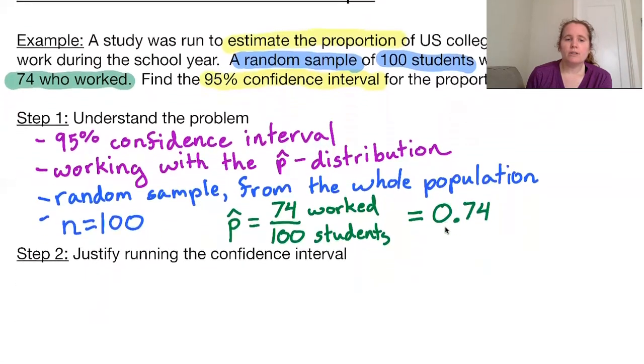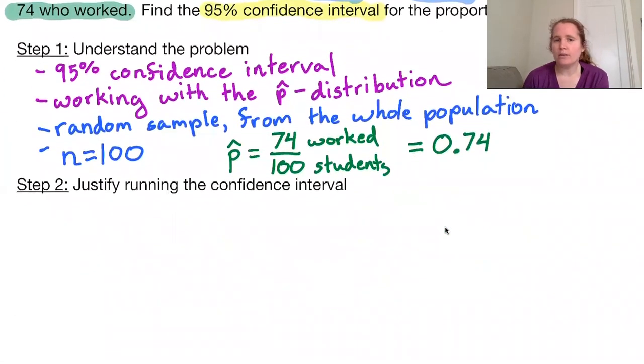From here, we have to justify running the confidence interval. We had two key things. First, we need a good sampling technique. And second, we need our normal distribution conditions. So we check that we have a good sampling technique.